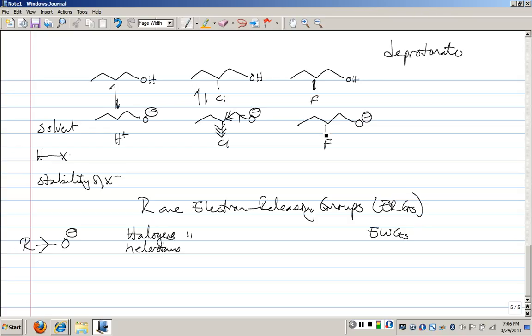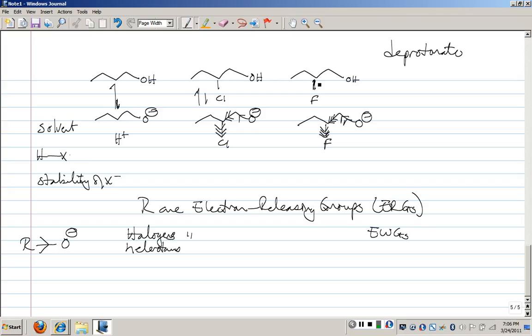Obviously, fluorine is more electronegative than chlorine. So fluorine's ability to draw electrons from the carbon is even greater. This will therefore draw more electrons from this carbon, and draw more electrons from the O. So the more electronegative atom is more effective at bleeding electron density from the O, and therefore delocalizing the charge even more effectively. There's a greater delta minus charge on the fluorine than there was here, which means the charge on the O is going to be less.